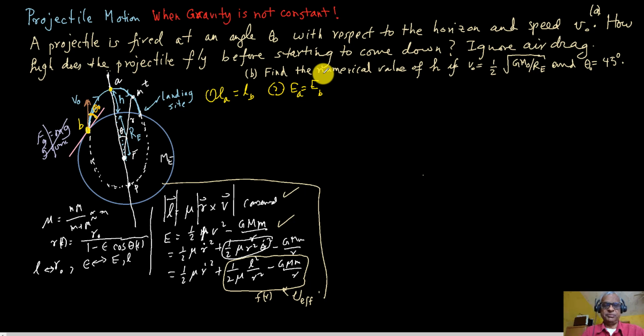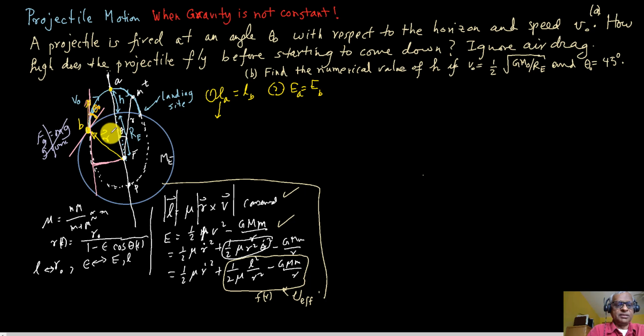So now, LA in magnitude. If you look at this point, this is the r vector, whose magnitude is the radius of the Earth, and the v0 vector is that way. So you can take the cross product. To make the cross product, you need the lever arm.